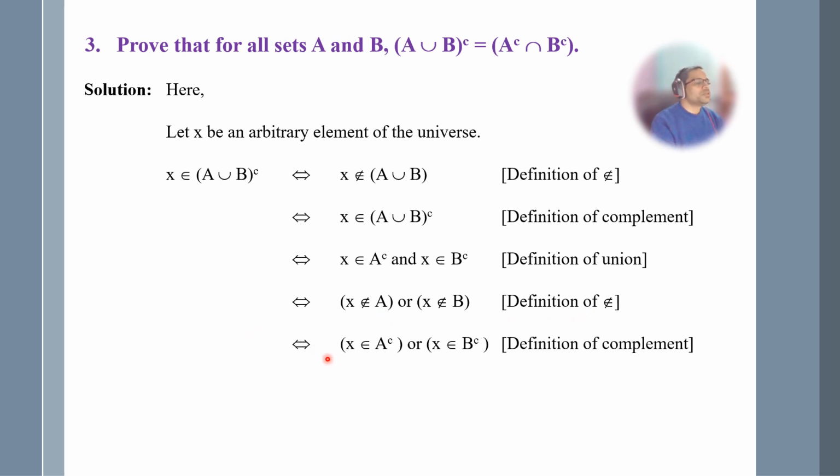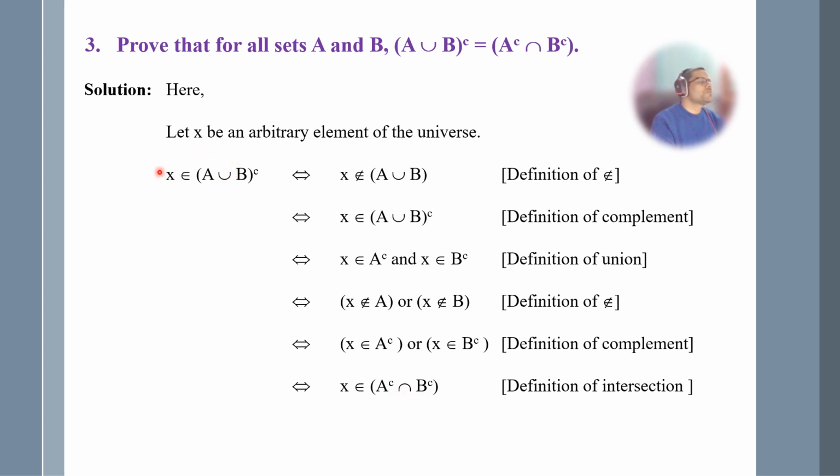And which is if and only if x belongs to A complement and x belongs to B complement, and that is the definition of complement, and which is if and only if x belongs to A complement intersection B complement.